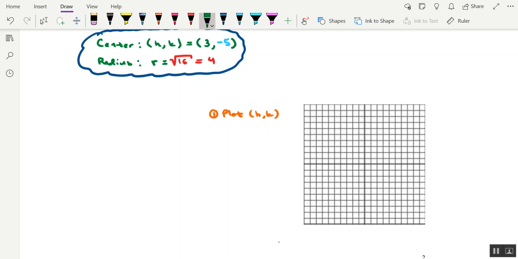Our center is at 3, -5, so I'm going to start at the origin, go 3 spaces right, and down 5 spaces. And then the second thing to do is to use the radius, or in other words, use r, to generate 4 points on the circle.